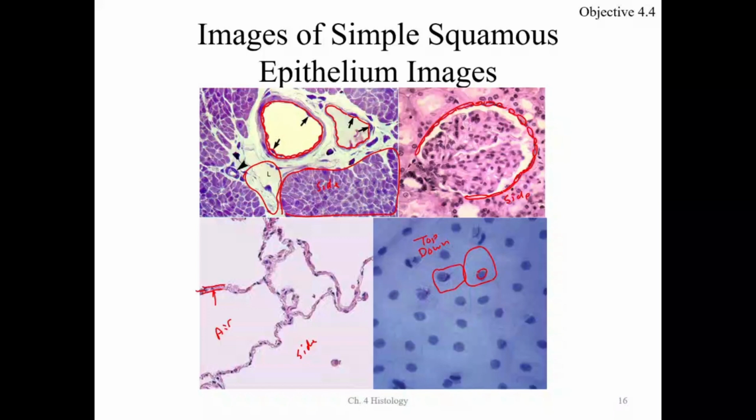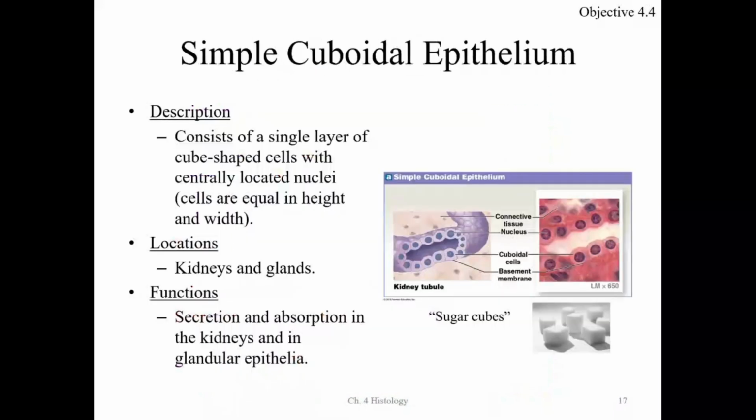Now, as we look at cuboidal epithelium, simple cuboidal, simple one layer, cuboidal boxy shape. So we have one layer of cube-shaped cells.